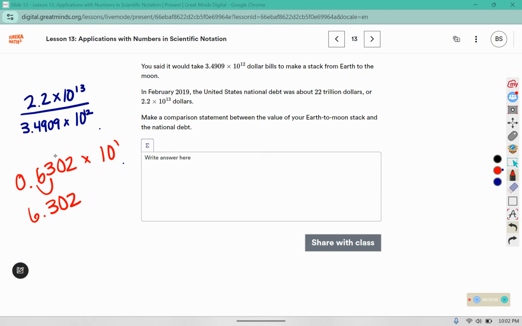We increased this initial value, so we need to decrease the exponent, which is essentially just saying the national debt is 6.302 times the distance of a stack of dollar bills that would go from the Earth to the moon. So we could create 6 stacks to the moon with our national debt.